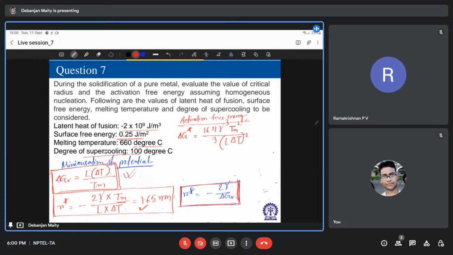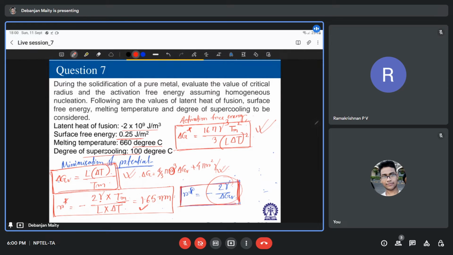So in that equation, what was there? Delta G is 4/3 pi r cube delta G V plus 4 pi r square into this. So if we put the value of r here as this, you'll finally end up with this equation, right? And if you put the values in this equation, what will be the answer?